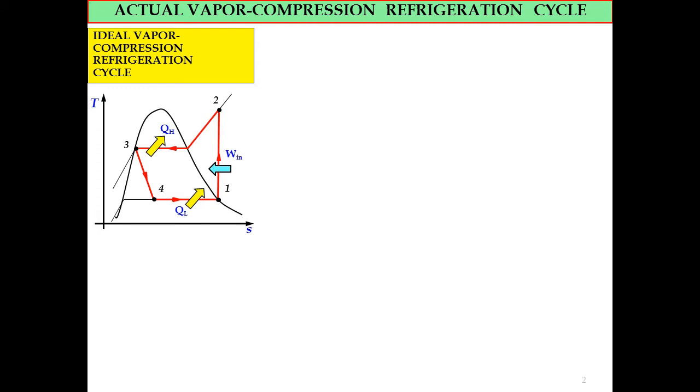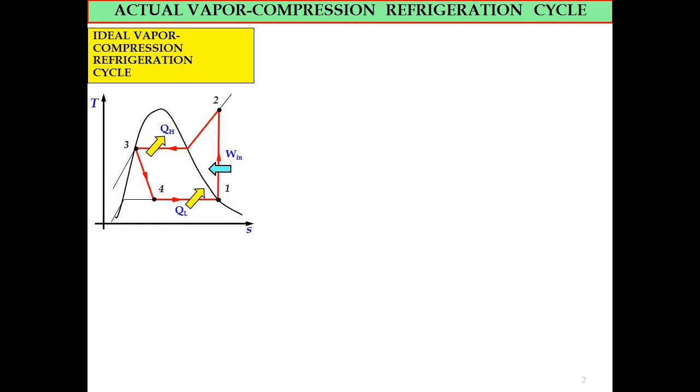This is the TS diagram for the ideal vapor compression refrigeration cycle that we learned in part number 2. In terms of characteristics of the TS diagram, we have 4 states and also 4 processes involved.